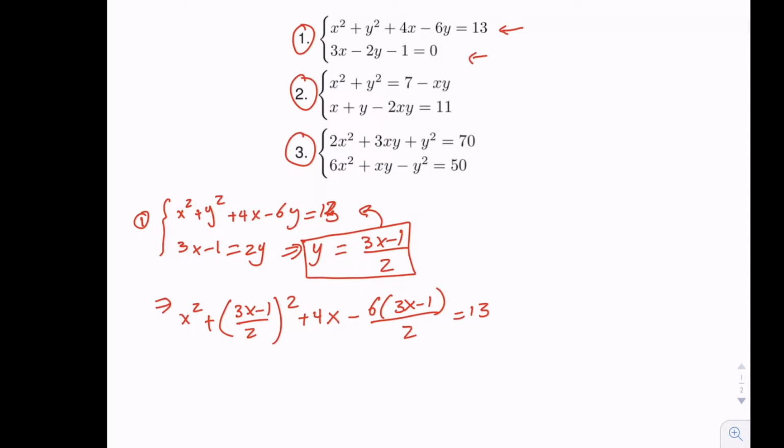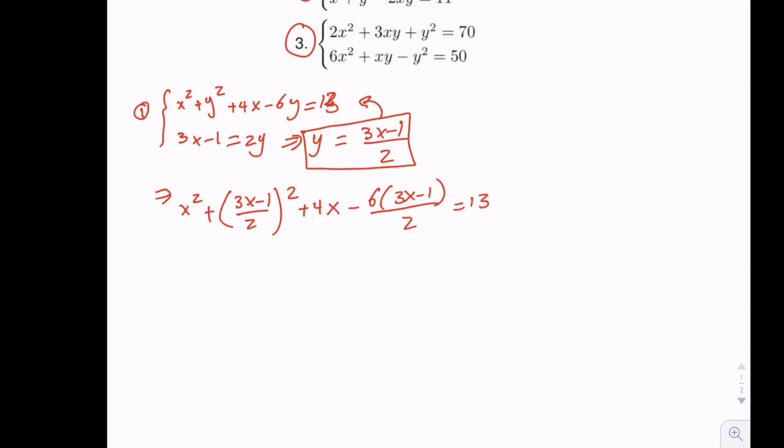Now we need to simplify this, which I guess should not be that hard. The first term is x squared. The second term will be (9x squared minus 6x plus 1) over 4, plus 4x. And this 2 and 6 will give us 3, minus 9x plus 3 is 13. So right off the bat, we can simplify these two terms and get minus 5x, and this will give us 10.